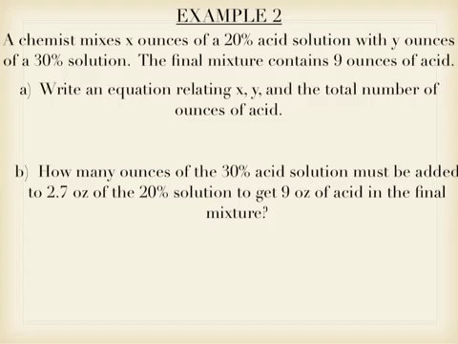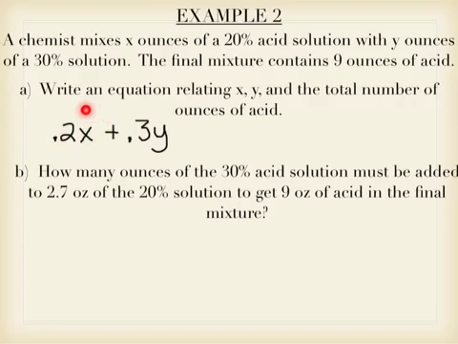So we've got 20% of X ounces, and 30% of Y ounces. How do I write in an equation 20% of X? 0.2 times X. There you go. There's 20% of X, and I'm adding that to 30% of Y, so 0.3Y.